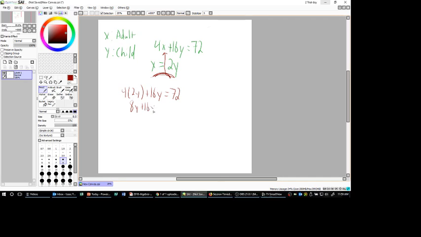So a few steps later, we can actually solve for y. And since y is supposed to represent a child's ticket, I know that the cost of a child's ticket now is supposed to be $3.